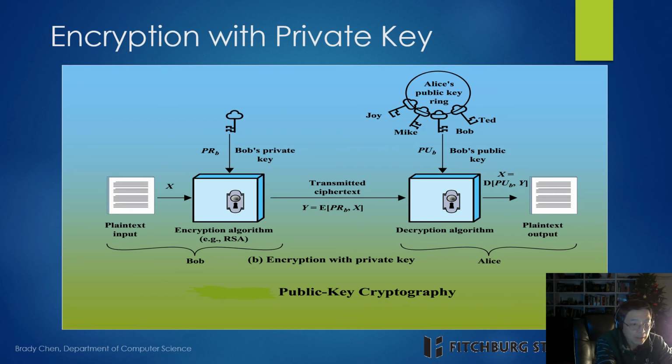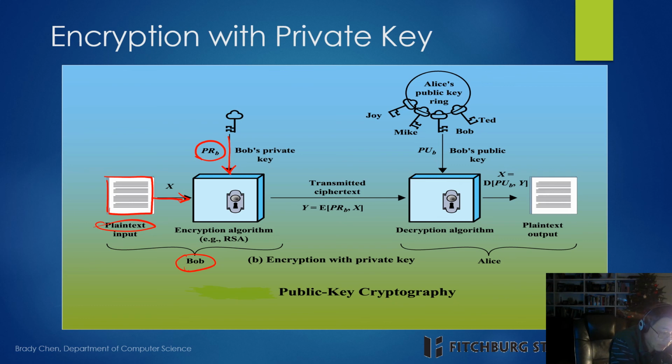Now here's another scenario. We still use the public key system, but in this case, when Bob wants to send a message to Alice, here's the plain text Bob is using, that's X. Now what if Bob sends a message using Bob's private key?